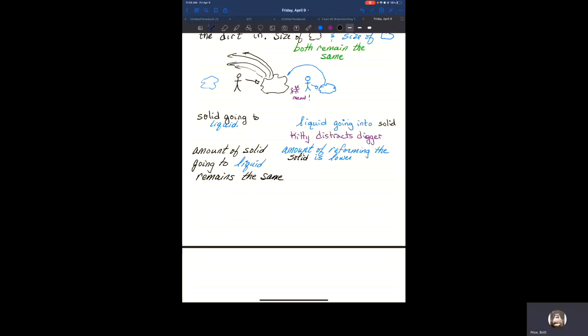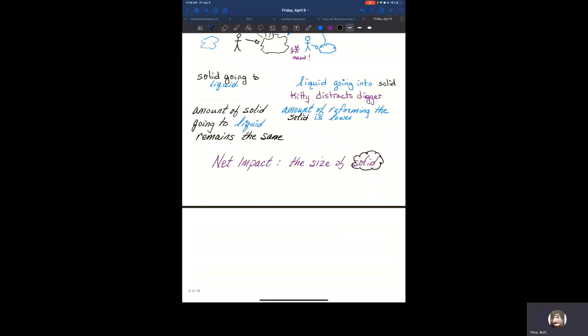What's going to be the net effect? Okay, so the size of that solid will decrease, and will become liquid.